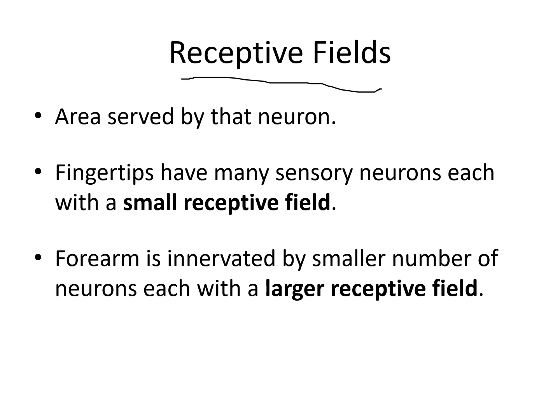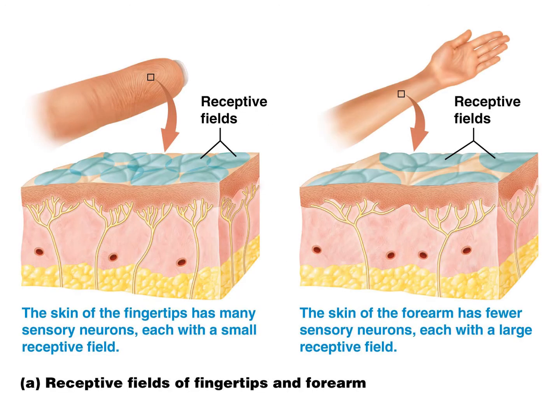So in this illustration, we see two areas of skin, one from the fingertip and one from the forearm, indicating their receptive fields. In the fingertips, we see more densely spread out receptors, each with smaller receptive fields. In the forearm, we have fewer receptors, but each with a larger receptive field.